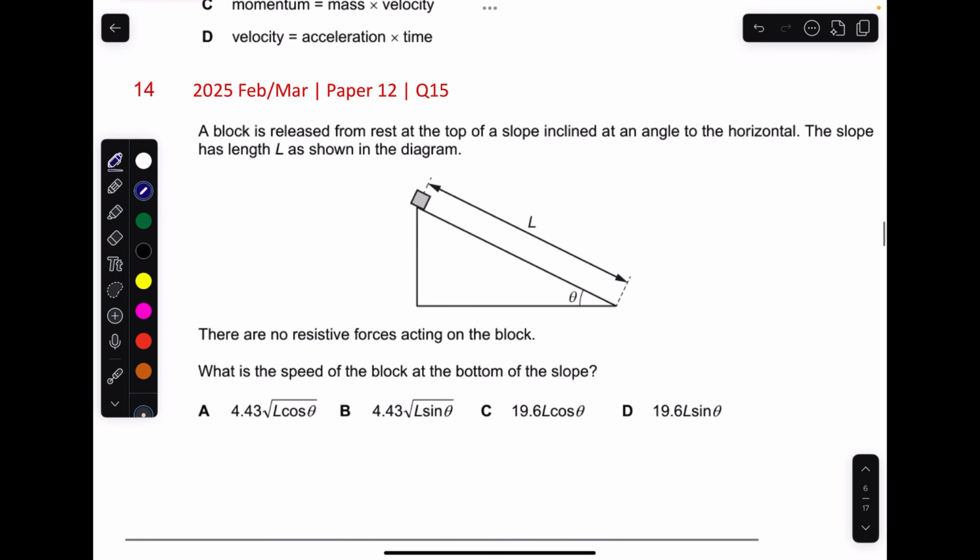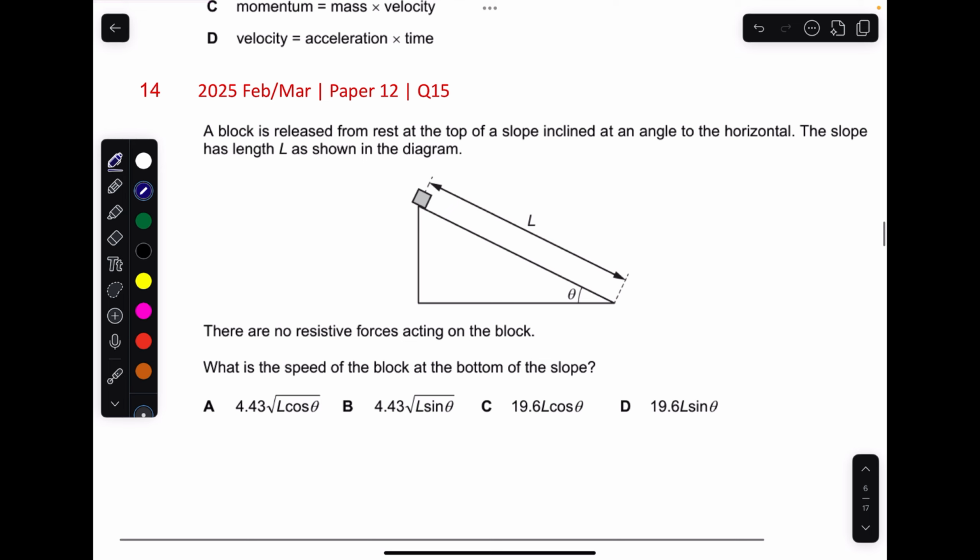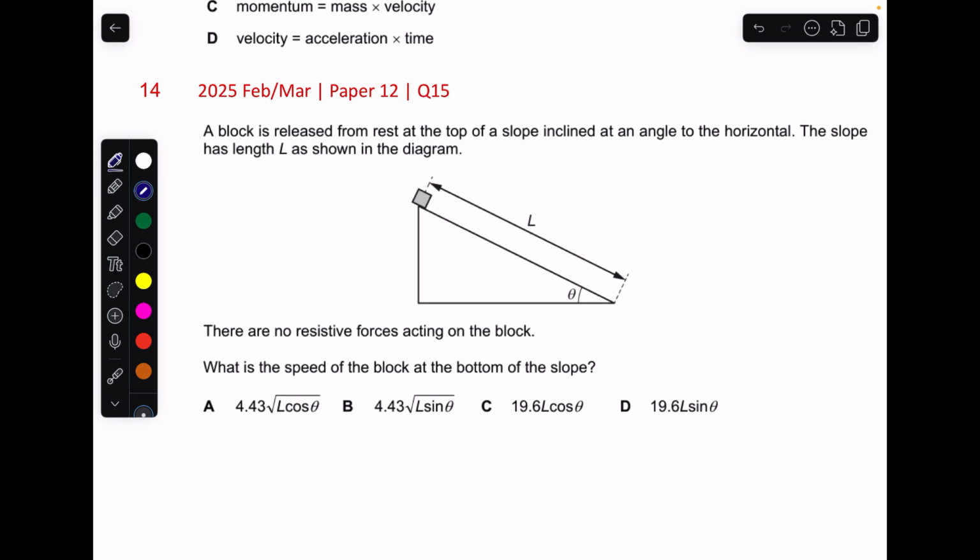Okay, and the next question. A block is released from rest at the top of an incline of slope inclined at an angle of theta to the horizontal. The slope has a length of L as shown in the diagram. There are no resistance forces acting on the block. What is the speed of the block at the bottom of the slope?